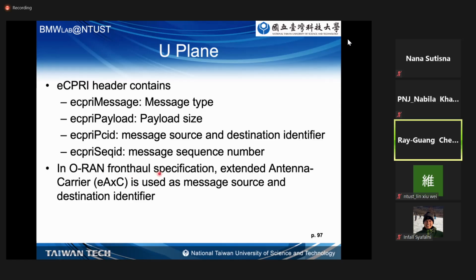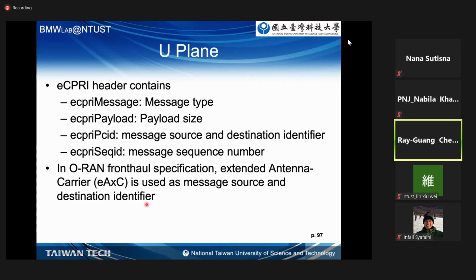In ORAN Fronthaul spec, we just mentioned the identifier specifies the source and the destination. So how do they define the PC ID? The PC ID in Fronthaul spec, they have a term. They call it Extended Antenna Carrier, eAxC. eAxC is used as a message source and the destination identifier. What does it mean? It means that your signal, the packet you want to transmit through the Fronthaul library, the IQ signal, the destination is antenna carrier.